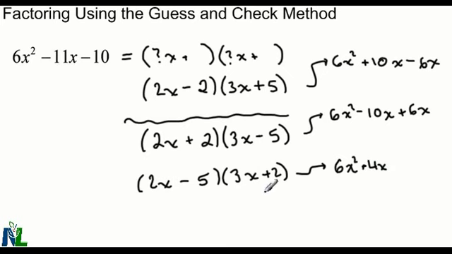I've got negative 5 times 3, which is negative 15x. And I've got negative 5 times 2, which is negative 10. If I simplify that a little bit further, I'll see that I get 6x squared minus 11x minus 10. And so this would be the correct factored version of 6x squared minus 11x minus 10. That's using the guess and check method.